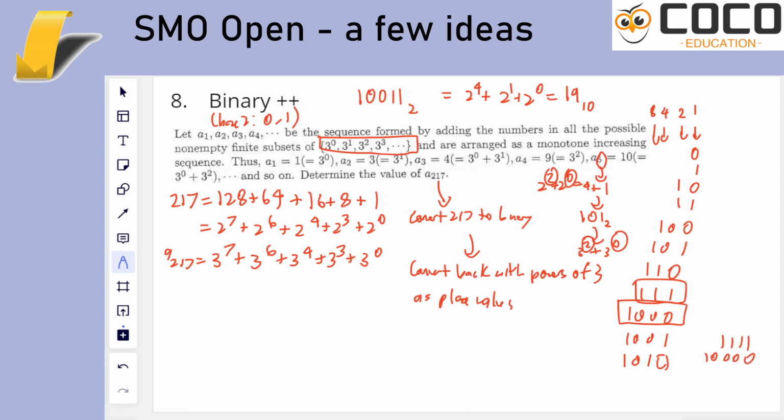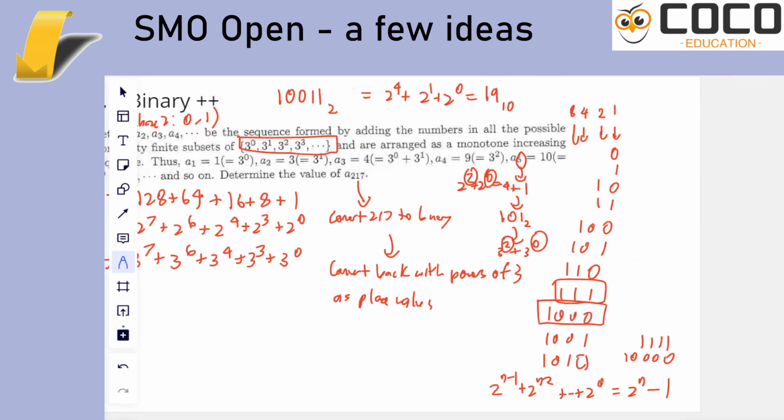And so that corresponds to a geometric series. When you add up all the powers of 2, it's 1 less than the next power of 2. So some properties like this can be noticed more quickly if you have this idea of binary in mind.